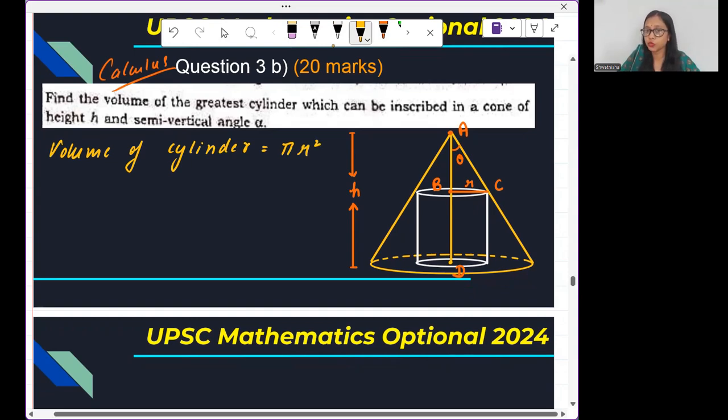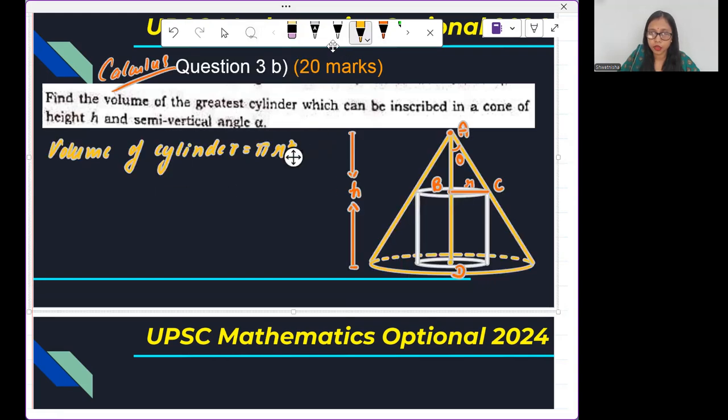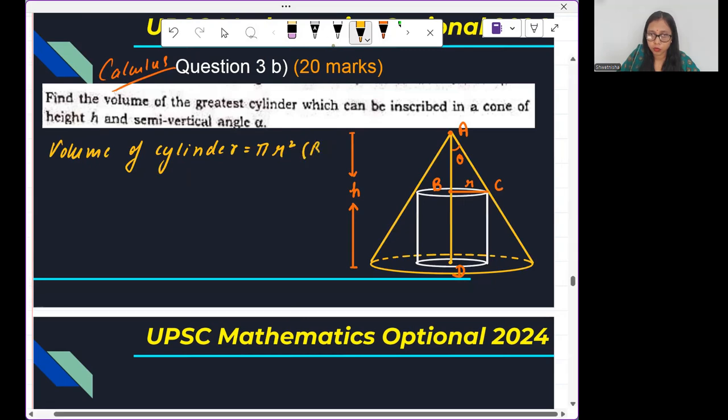H is the height of the cylinder, which is BD, right? Pi r square h.